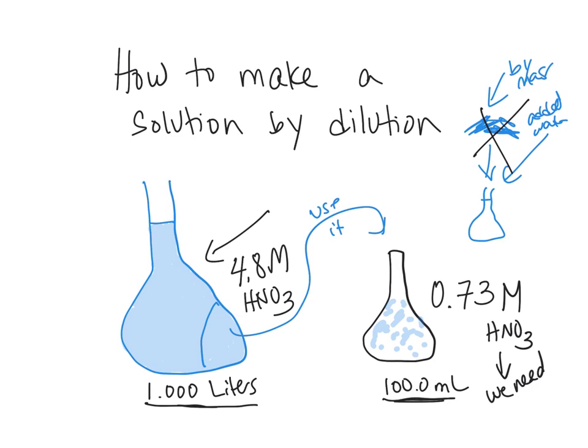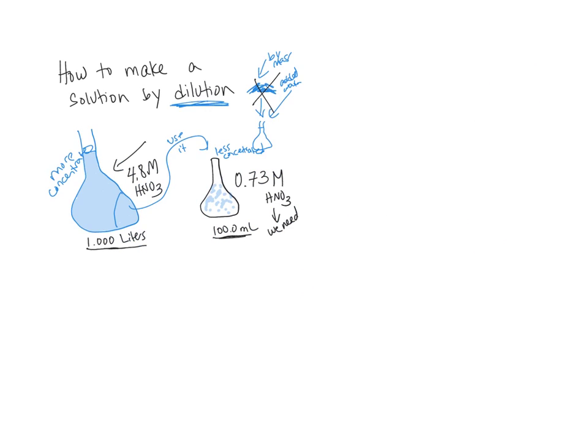This method is called making a solution by dilution, because you're taking something that is more concentrated and you are diluting it to make something that is less concentrated. So let's talk about how we would do that.